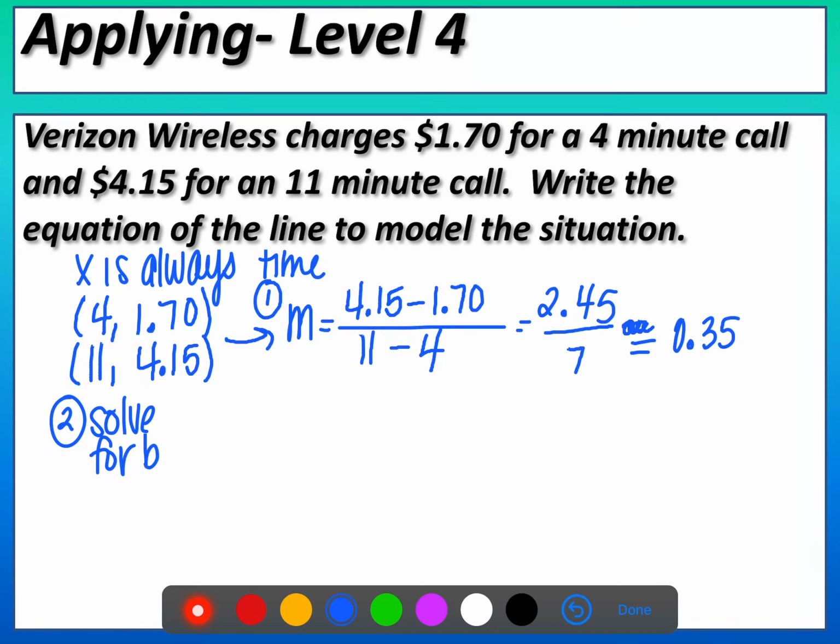So again, we can use either of those ordered pairs. I'm going to take the first one, because they're smaller numbers. So I'm going to plug this in for x and y. So using y equals mx plus b.